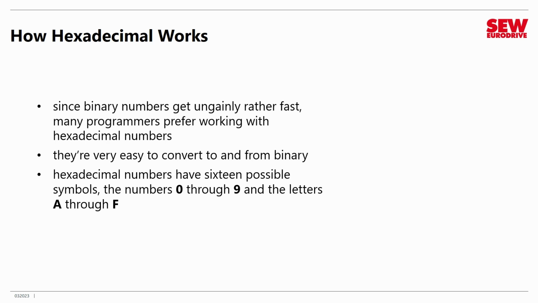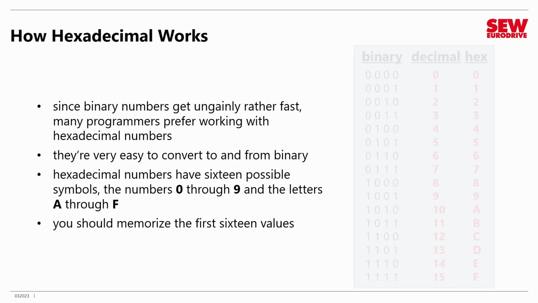So hexadecimal numbers often have letters in them. That's kind of how you can spot them. And there's no reason you can't do that. Maybe your kindergarten teacher would have thought it was strange, but they're just symbols after all, and they represent different numeric values. Again, I encourage you to memorize the first 16 hexadecimal values as well.